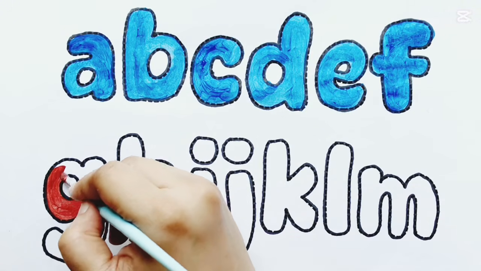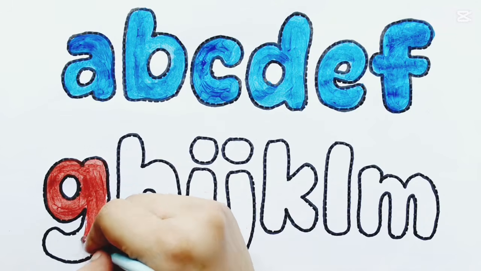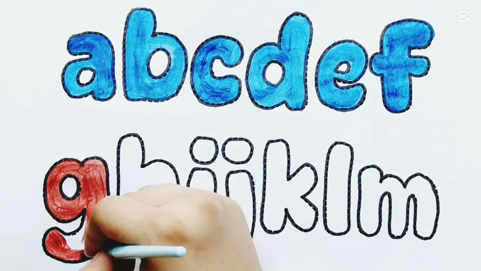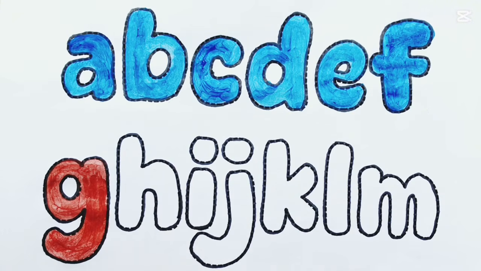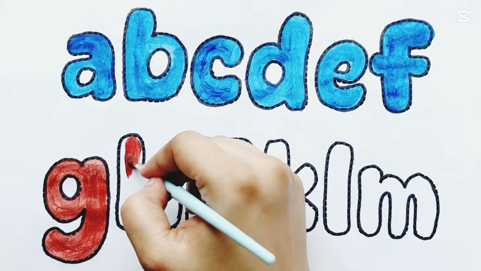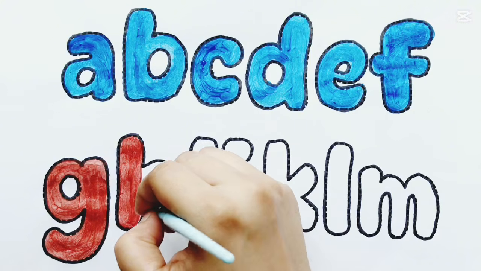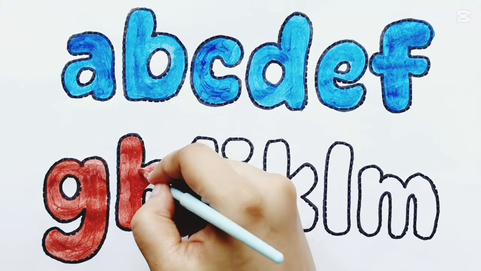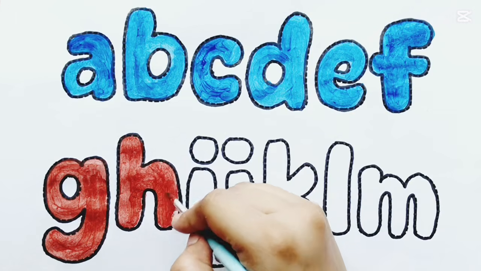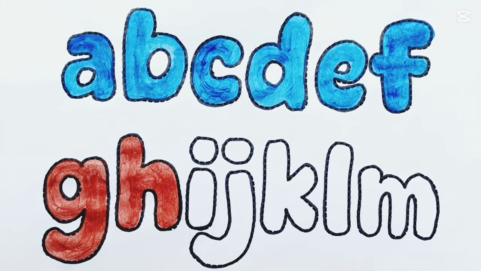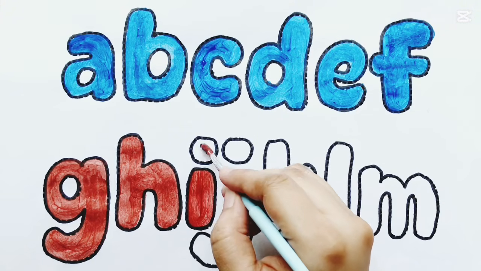Brown color. G for grapes. H for hat. I for eagle.